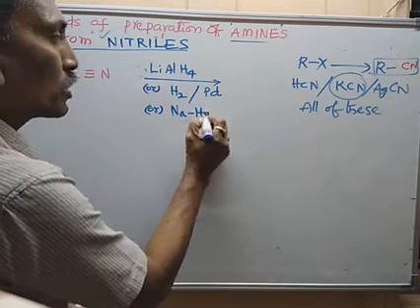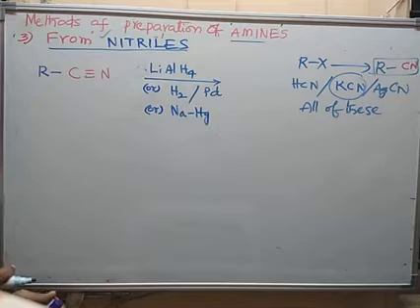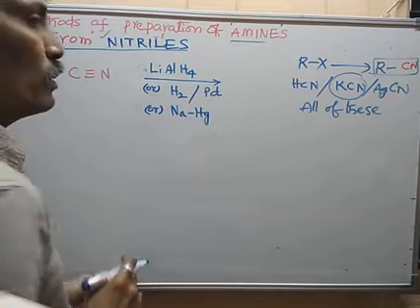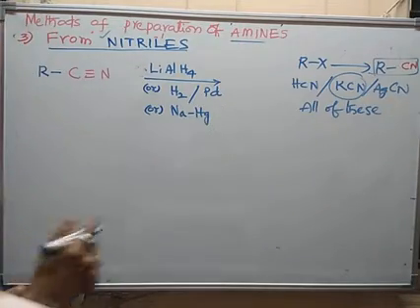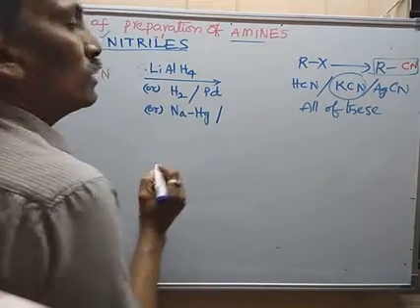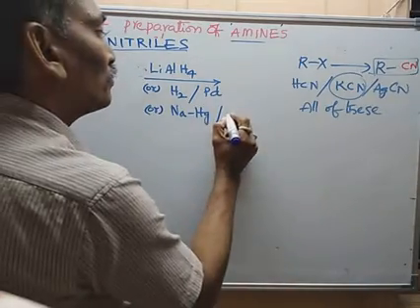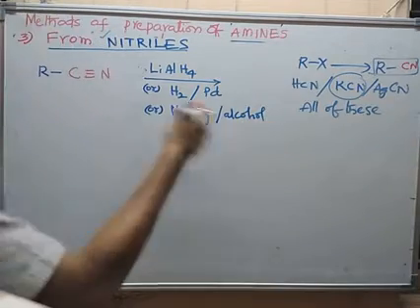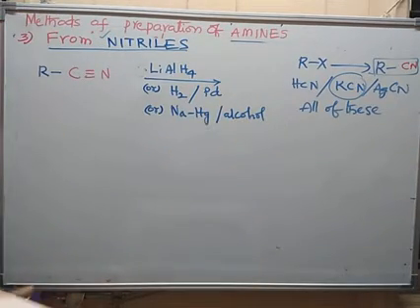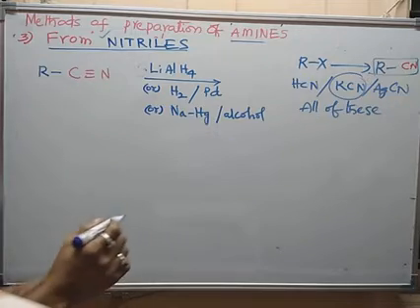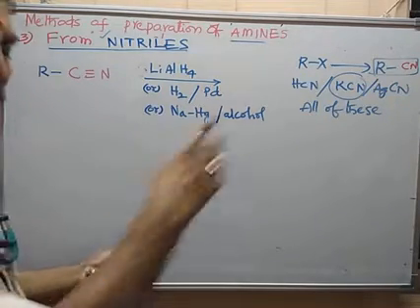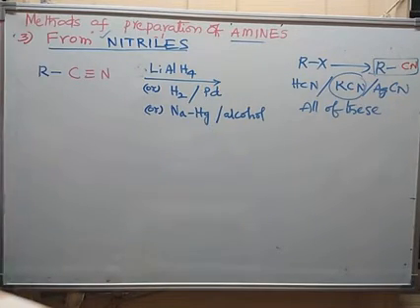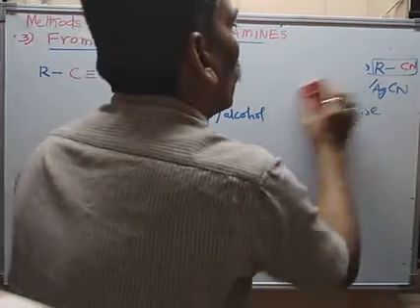Or another reducing agent is sodium amalgam. You studied sodium amalgam in the first year in the preparation of sodium hydroxide, formed in the Kastner-Kellner process. That is with alcohol. Alcohol means ROH. That H is released here. So simple to answer. Just a recollection.